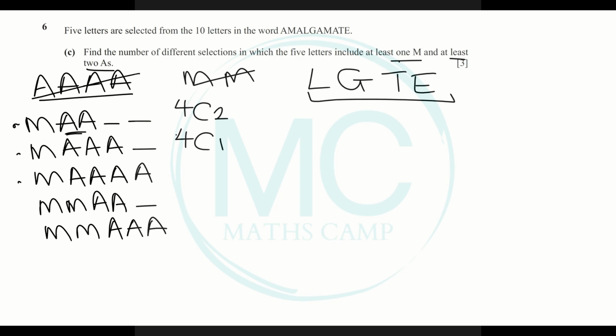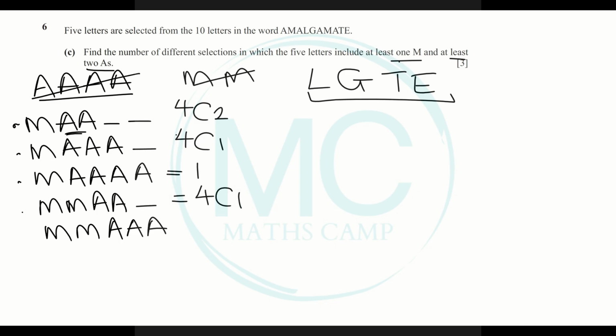For option 3, we have 1 M and 4 A's, but this is still an option we need to consider. This is one option. For our fourth option, we have 2 M's and 2 A's. We have 1 spot out of the 4 letters. We account 4C1.